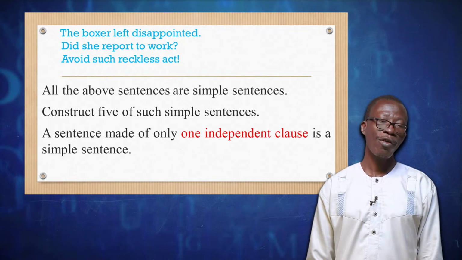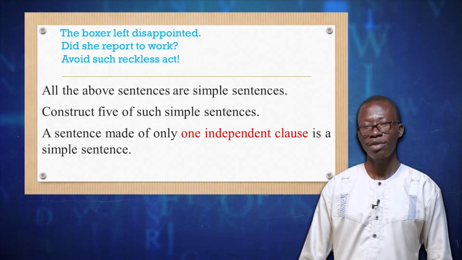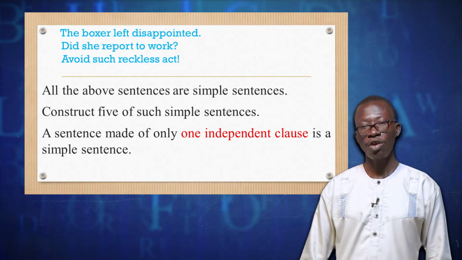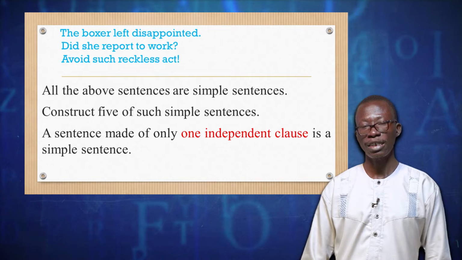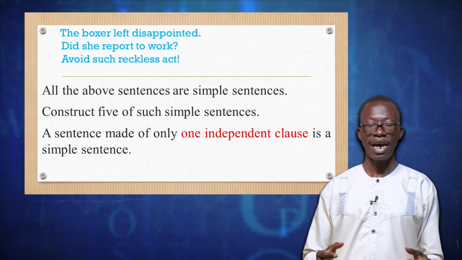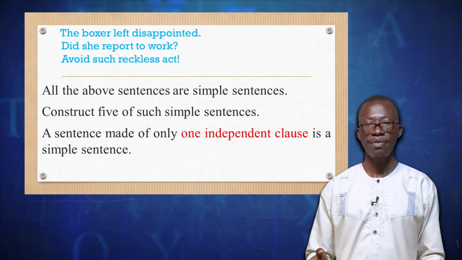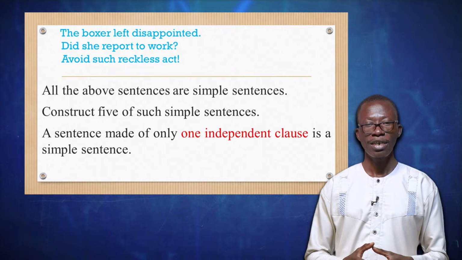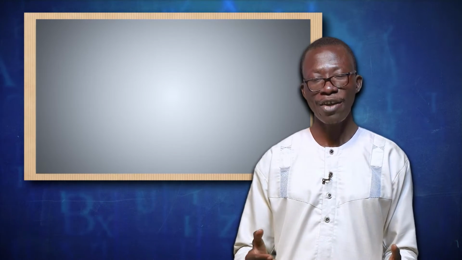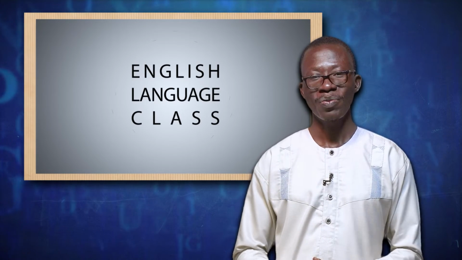So we are requiring all of us, those of you at home, my cherished viewers, to construct 5 of such simple sentences. Construct 5 simple sentences. That is a statement having a subject-verb relationship, a statement orthographically that begins with a capital and ends with either a question mark, an exclamation, or a full stop.